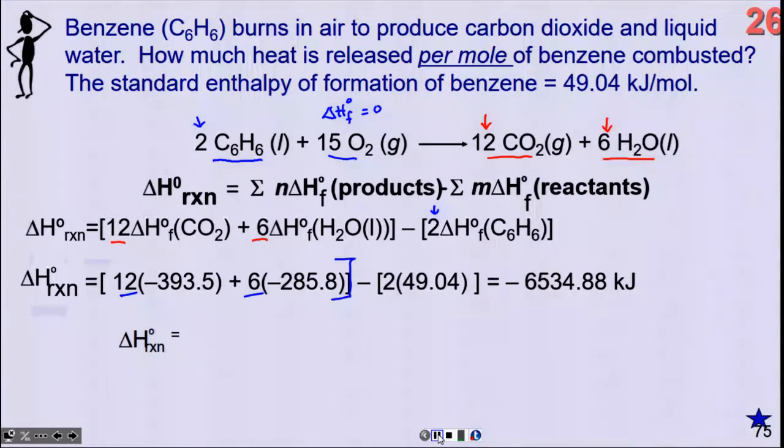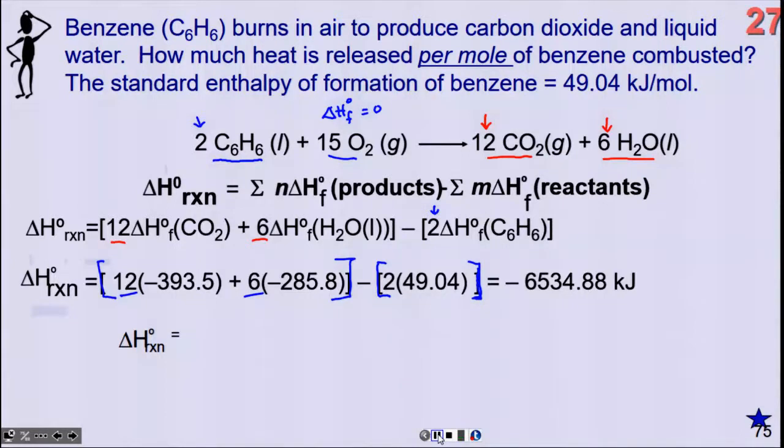Notice this is a big bracket here. All those combined, those first ones combined, subtract from that 2 times the heat of formation of the benzene. And if you can do the math correctly, that's the overall heat of reaction for these processes as shown.